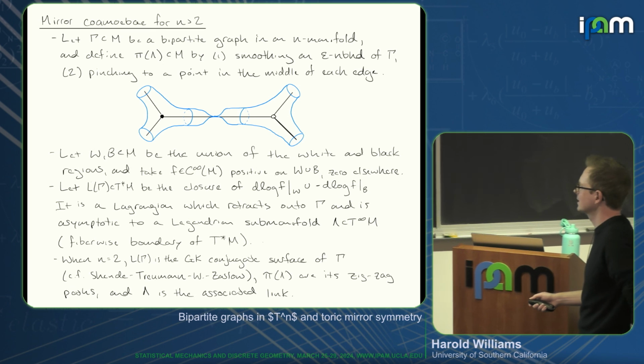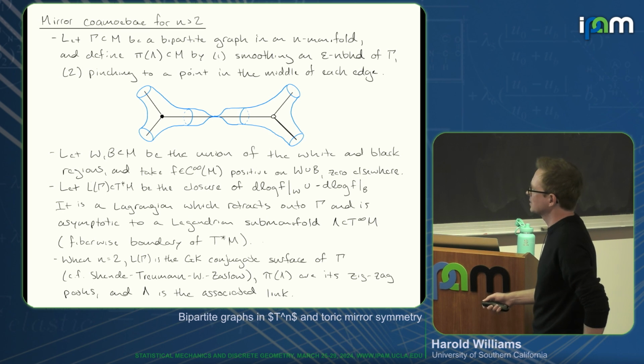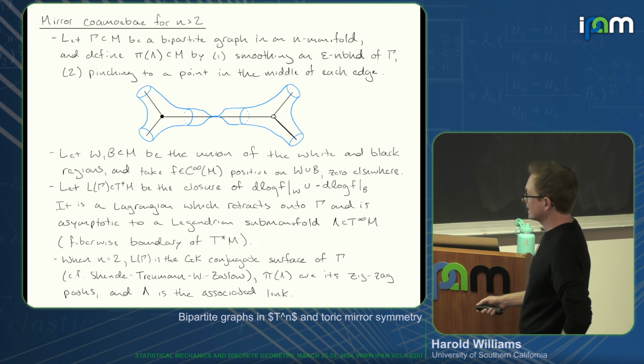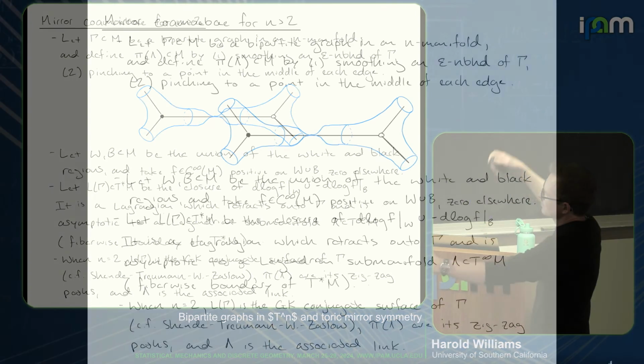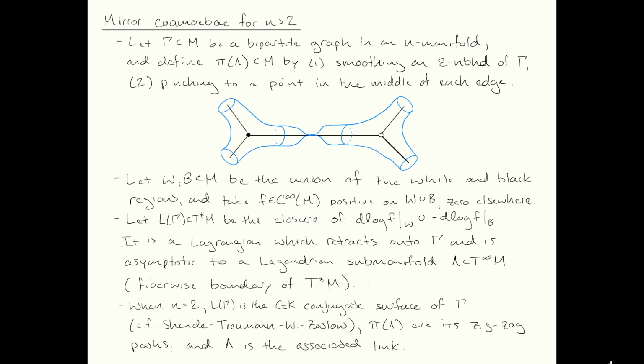This is some subset of the cotangent bundle, and then I take the closure of that. In fact, it's a Lagrangian submanifold, which retracts onto gamma. And it's asymptotic to something.